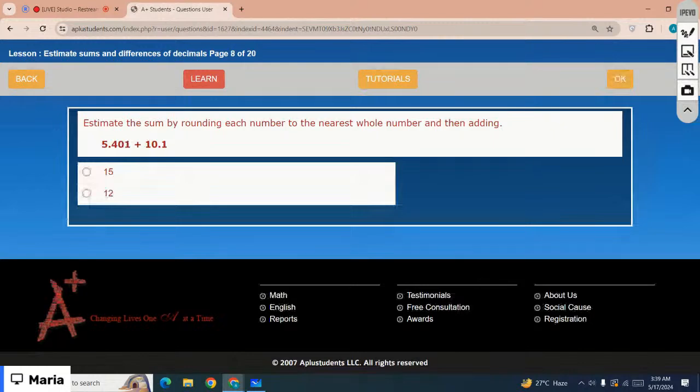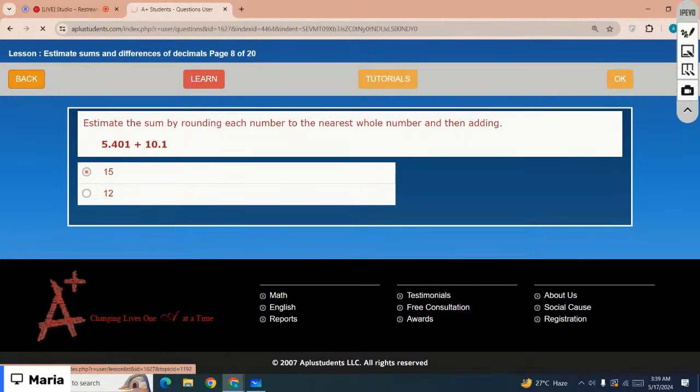Estimate the sum by rounding each number 5.401. The correct option is 15. Okay, you can complete the lesson by yourself later today.